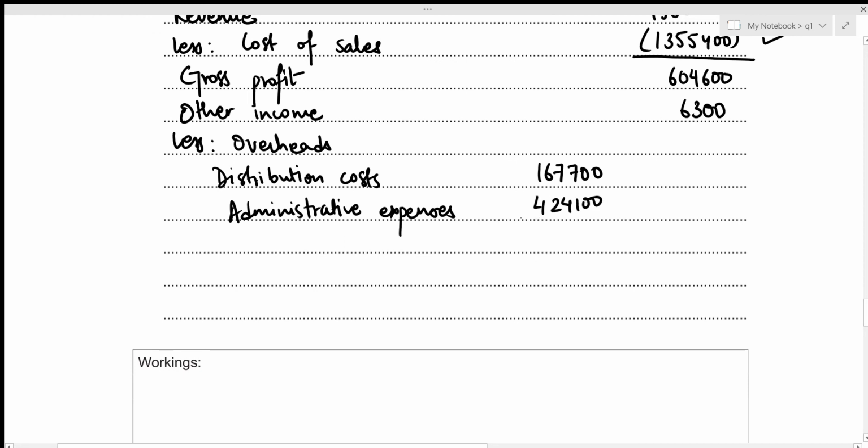Now we can easily figure out the total for overheads. That's just the sum of distribution costs and administrative expenses, which in this case is 167,700 plus 424,100, which results in the total of 591,800. And since this is overheads, we need to subtract this, so I'm just going to record it in a bracket. Now we can easily figure out our profit from operations.